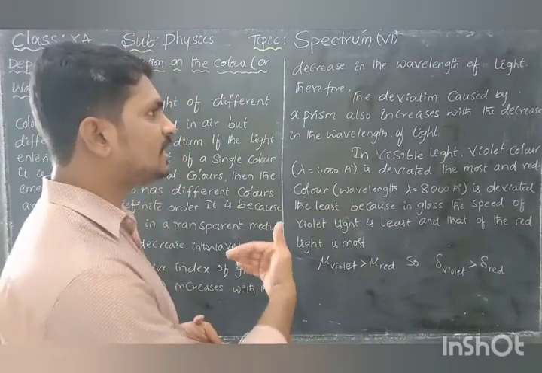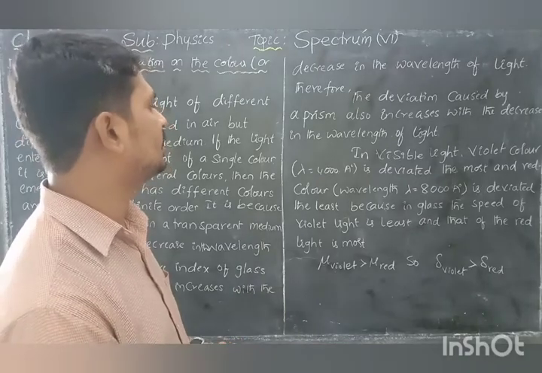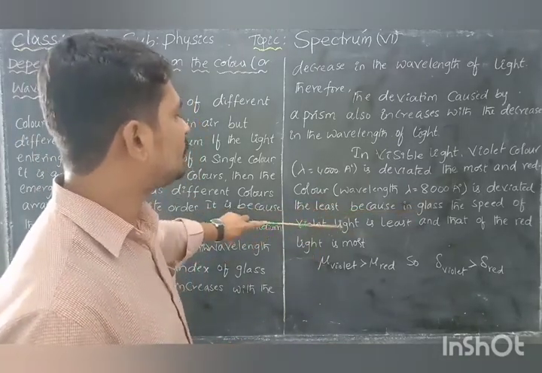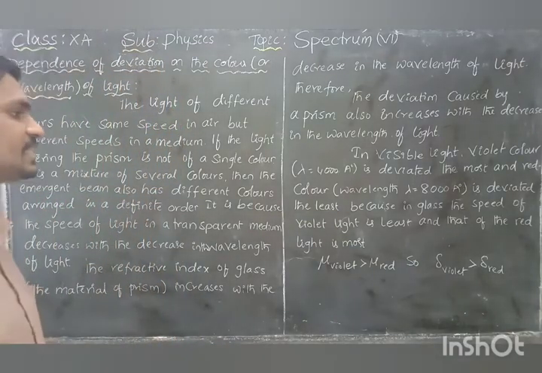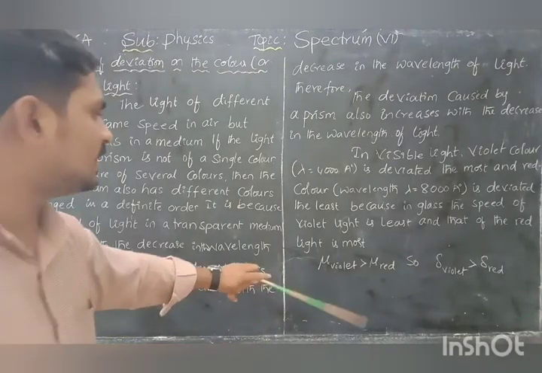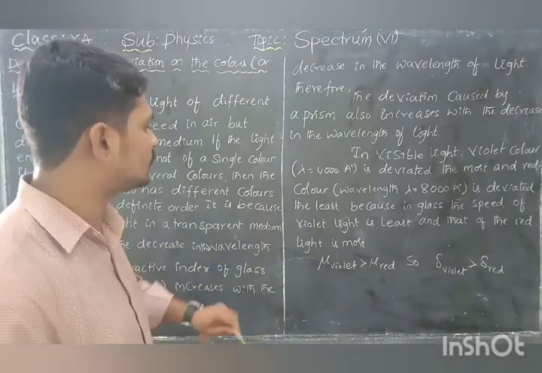The red color is deviated the least and violet is deviated the most, because in glass medium the speed of violet light is least and that of red light is most. In the case of a transparent medium, here the prism made of glass, the violet speed is least, so we can compare with the help of the refractive index also.